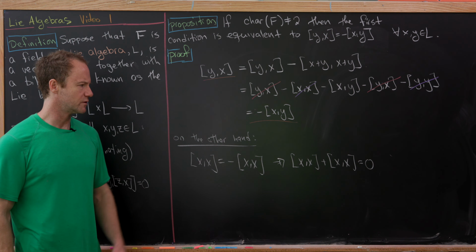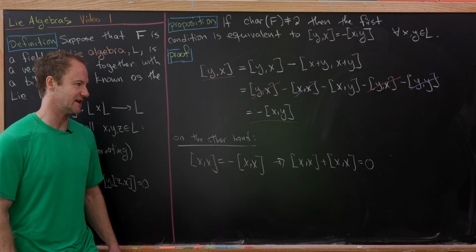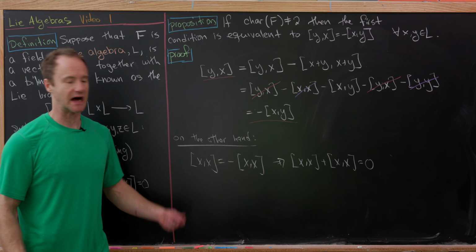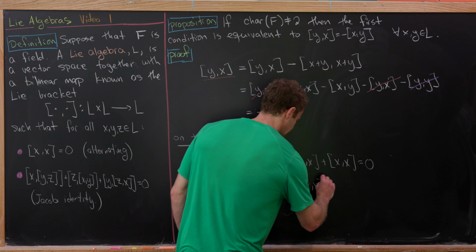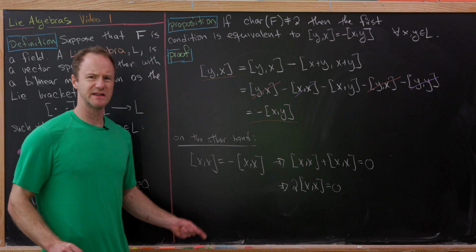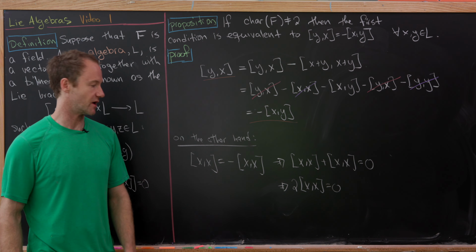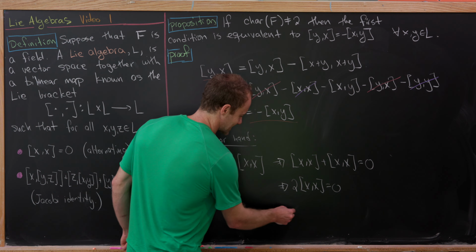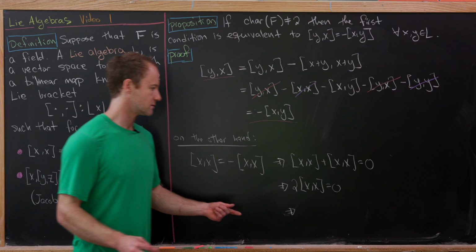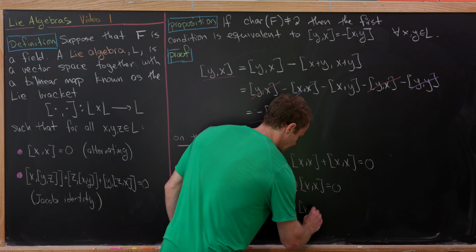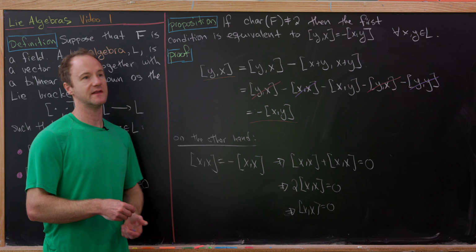But now putting this together, we see that this means that 2 bracket xx equals 0. So that means either 2 is 0, which means we're in a field of characteristic 2, which we assume that we are not, or the bracket xx is 0. And that bracket xx is 0 for all vectors x. Well, that means that in fact, that's what we have. We have bracket xx is indeed 0. But that's exactly where we wanted to end in this opposite direction.